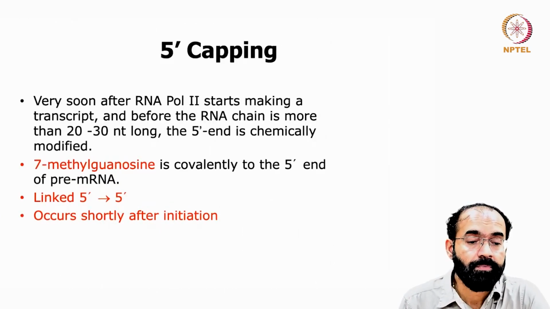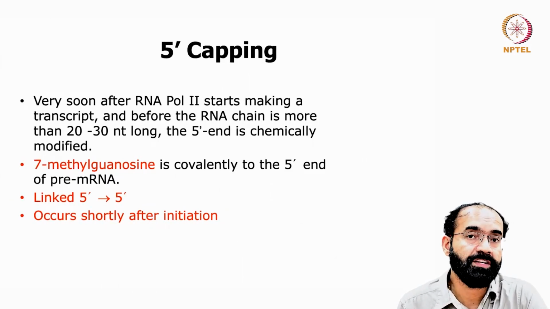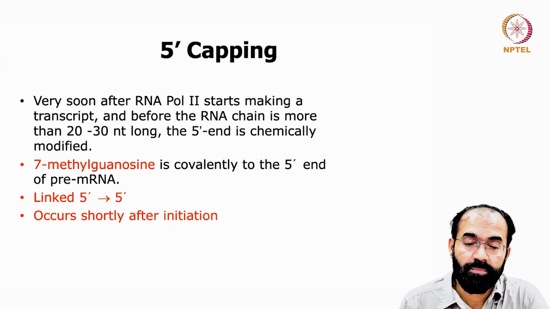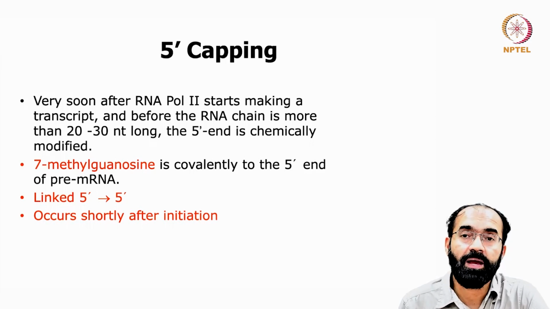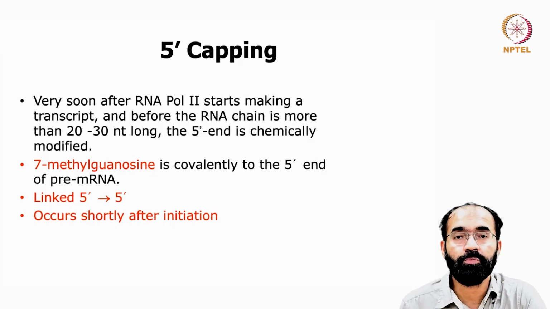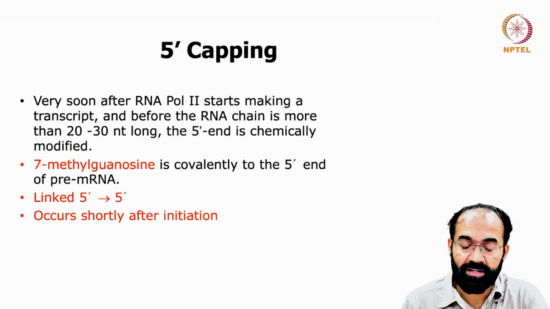And the 5' capping, like we discussed, is very important. So far we know that it is helpful in protection from degradation, etc., but it also has a role in splicing. Soon after RNA polymerase II starts making a transcript, up to around 20-30 nucleotides, the 5' end is chemically modified with the 7-methyl guanosine cap on the pre-mRNA, and this is linked in a 5' to 5' fashion to mimic a 3' end, and it happens shortly after initiation.